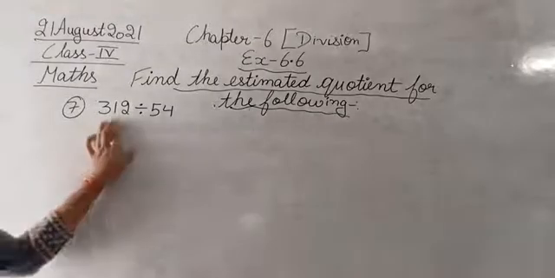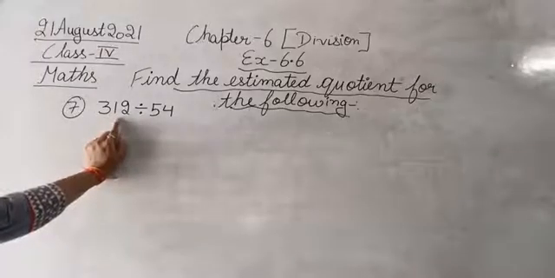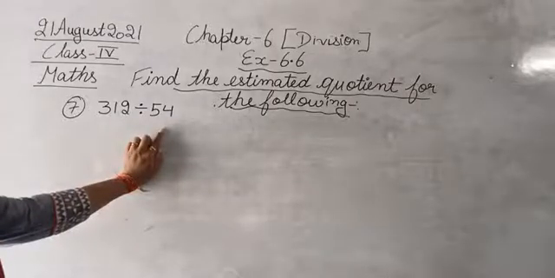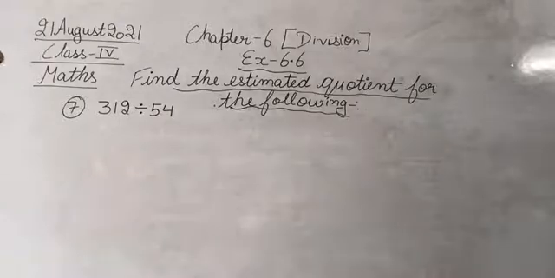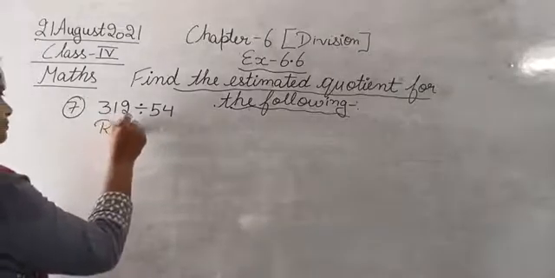Again, here in 312 the highest place value is 100, whereas in 54 the highest place value is 10. So we will round it off according to its highest place value. So let's round it off.